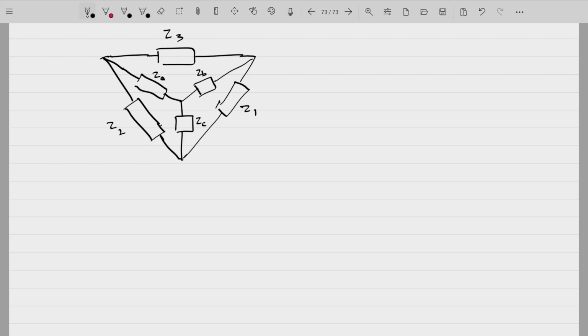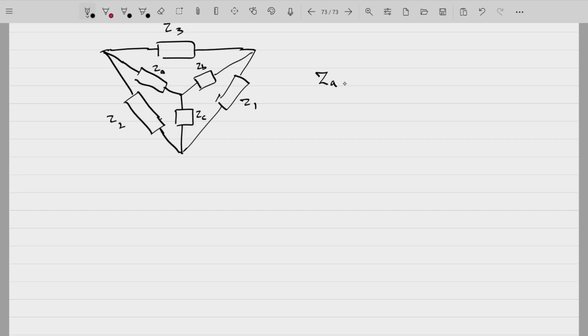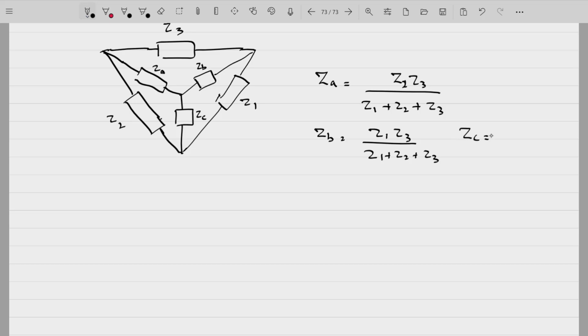As we have seen in case of star delta transformation with resistances, the same formula is applicable to impedance as well. So ZA will be equal to Z2 Z3 divided by Z1 plus Z2 plus Z3. ZB will be equal to Z1 Z3 divided by Z1 plus Z2 plus Z3, and ZC will be equal to Z1 Z2 divided by Z1 plus Z2 plus Z3.